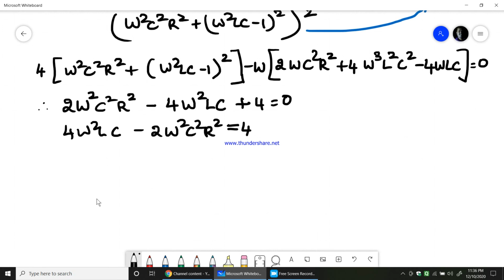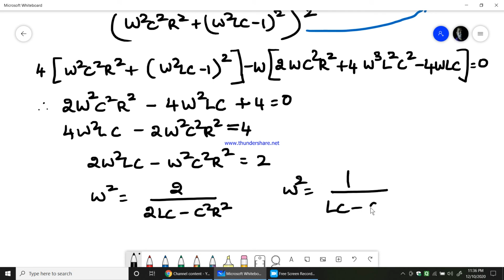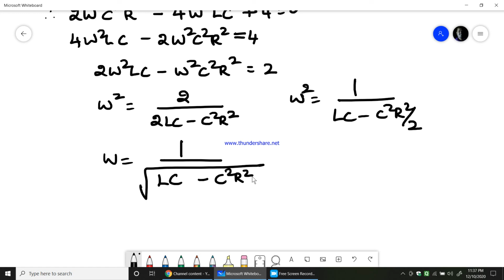So therefore 2 omega square LC minus omega square C square R square equals 2, therefore omega square would be equal to 2 divided by (2 LC minus C square R square). Therefore omega would be equal to, if I take this 2 to the denominator, 1 over the square root of (LC minus C square R square by 2).